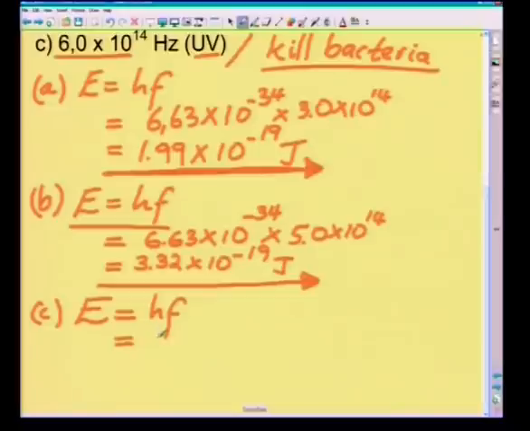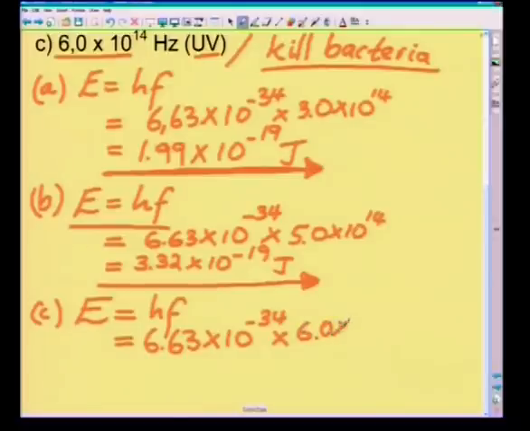We know Planck's constant, 6.63 by 10 to the power minus 34, times the frequency of ultraviolet, which is given to us as 6.0 by 10 to the power 14, right?